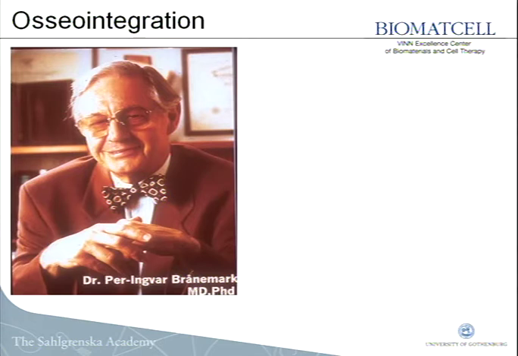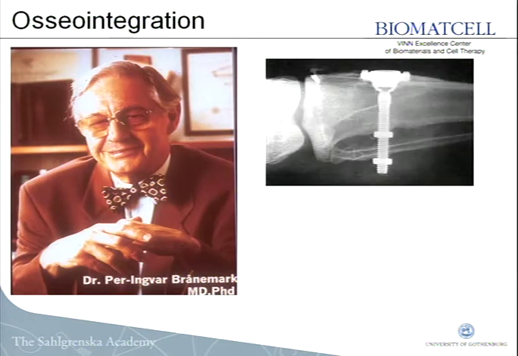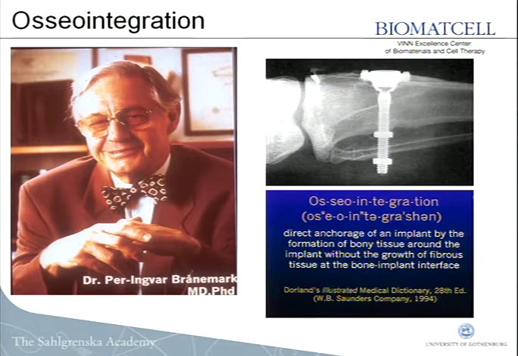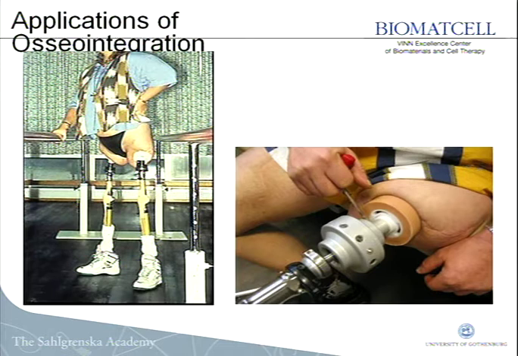Osseointegration, discovered in the 1950s, is defined as a direct contact between bone and implant material, and could be used for the bone-anchored amputation prosthesis, which I will concentrate the talk on. I will mainly focus on the method of how to evaluate the bone-implant contact.